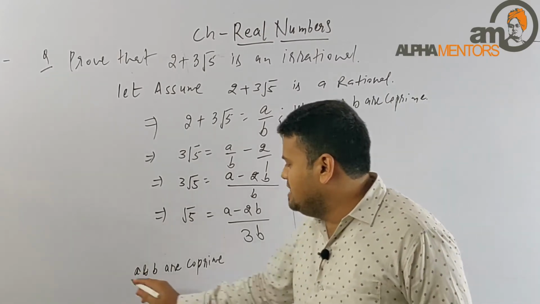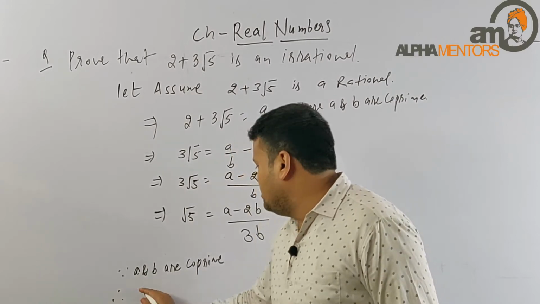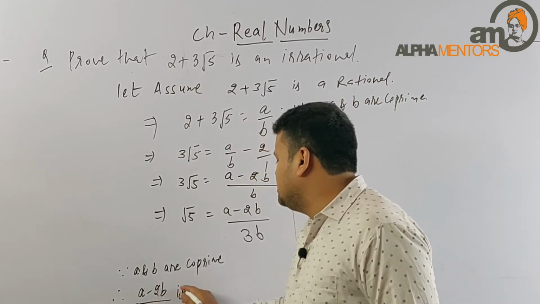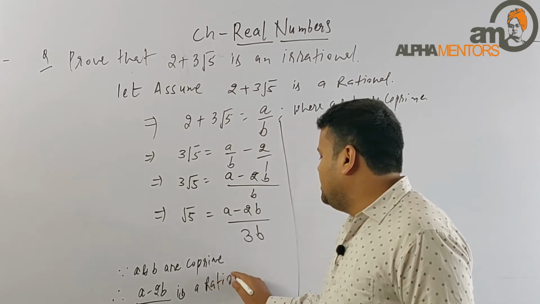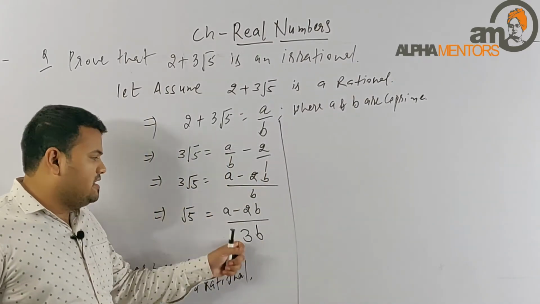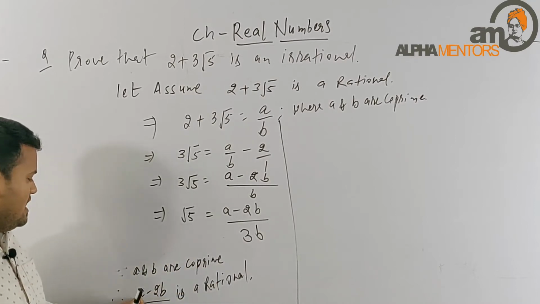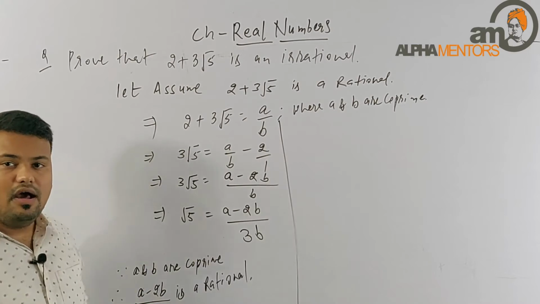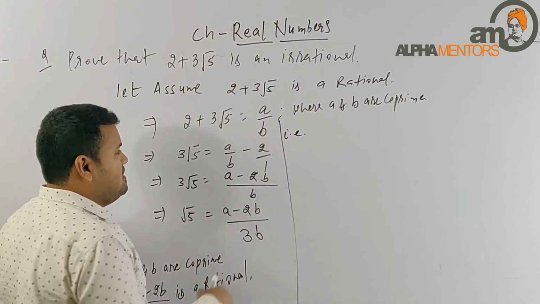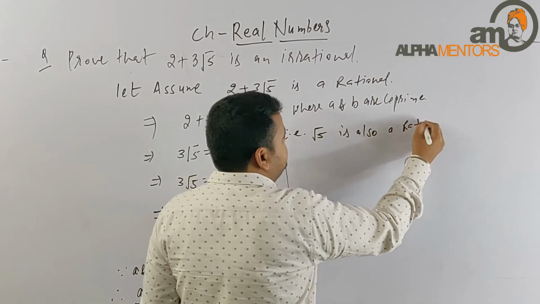So if a and b are co-prime, therefore a minus 2b upon 3b is a rational. क्योंकि इंटीजर्स के साथ अगर कोई भी एक्सप्रेशन आप रिप्रेजेंट करते हैं तो न्यूमरेटर अपॉन डिनोमिनेटर एक्सप्रेशन रैशनल होता है. सो a एंड b आर को-प्राइम, सो वी कैन से a minus 2b upon 3b इज अ रैशनल. अगर ये रैशनल है, सो दैट मींस root 5 इज ऑल्सो अ रैशनल.